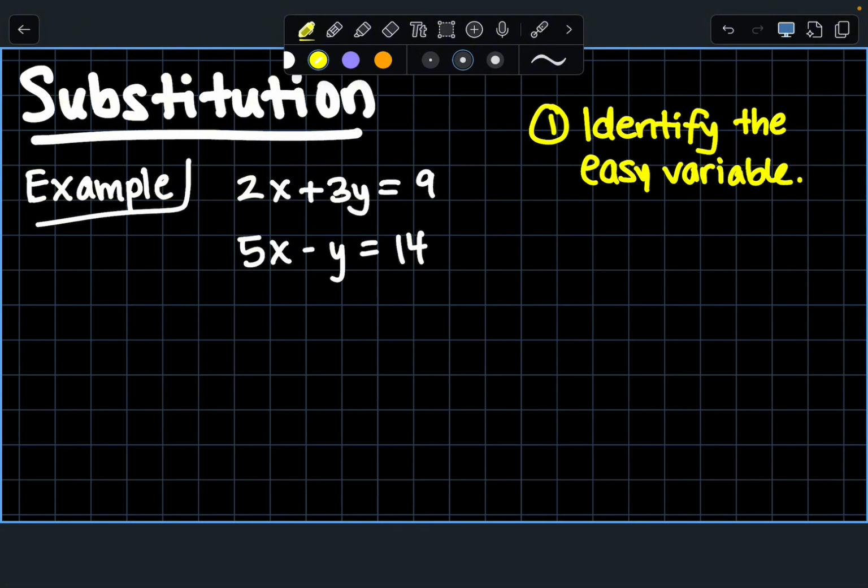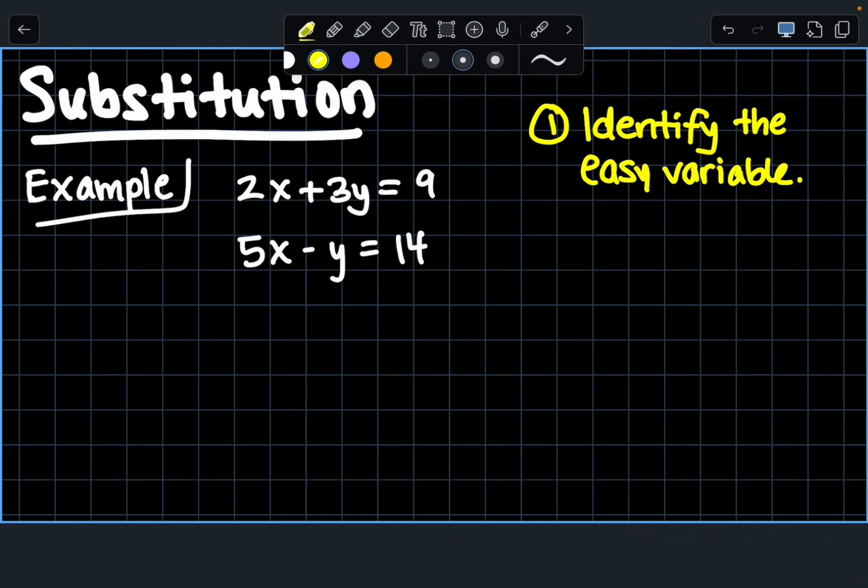5x minus y equals 14. Which of these two, 5x or y, will be my easy variable? Which one do you think? Is it going to be 5x? Am I going to be able to solve for x here with a single step? If I wanted to solve for x, I would need to move the y and then divide. That's 2 steps.